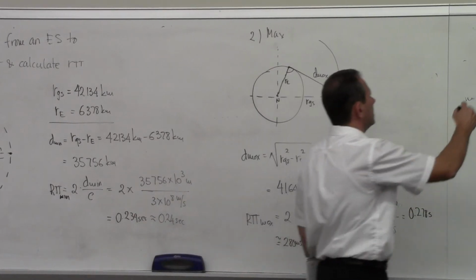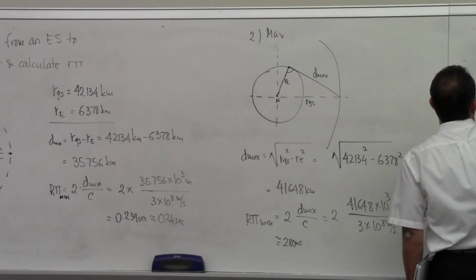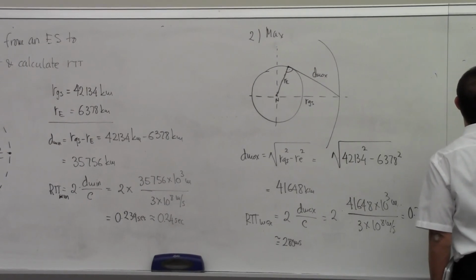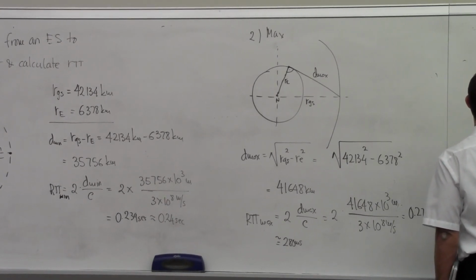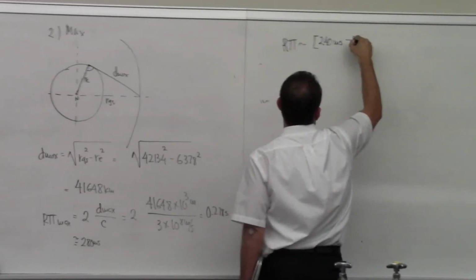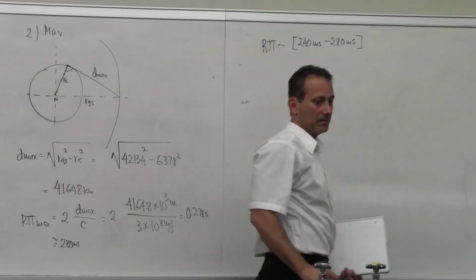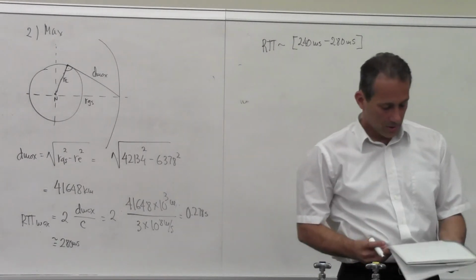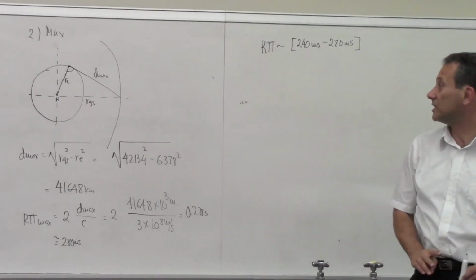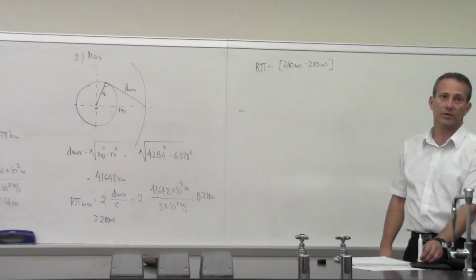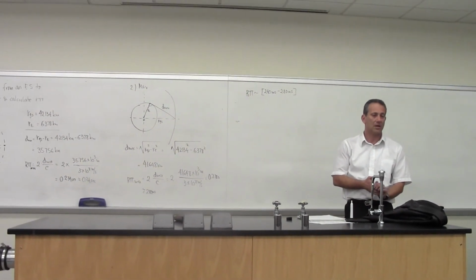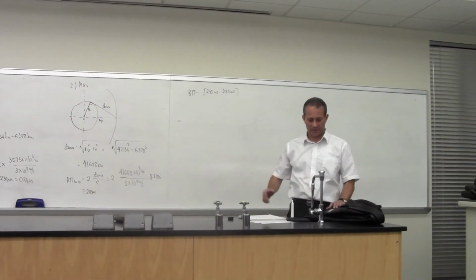So your round trip time is somewhere in the interval between 240 milliseconds and 280 milliseconds, just for the propagation time. This does not take into account the time required to process the signal on board the satellite. Now, how important is this?